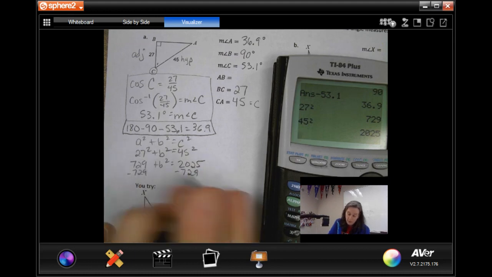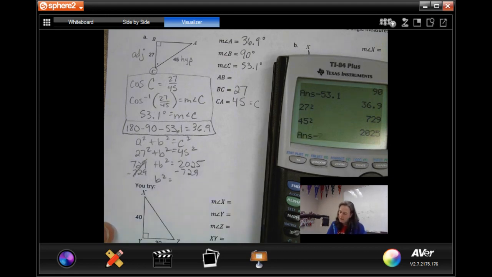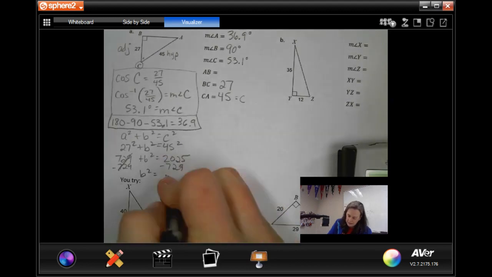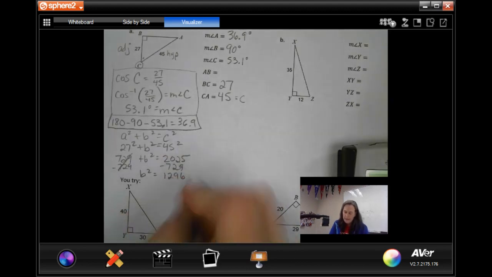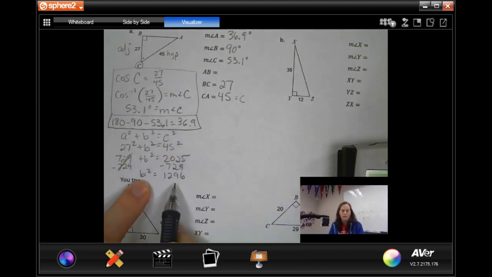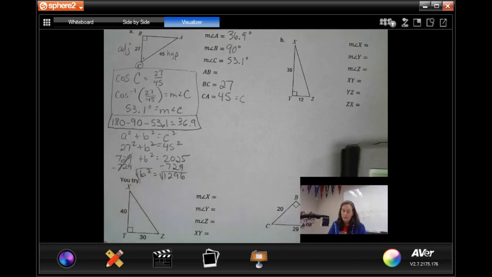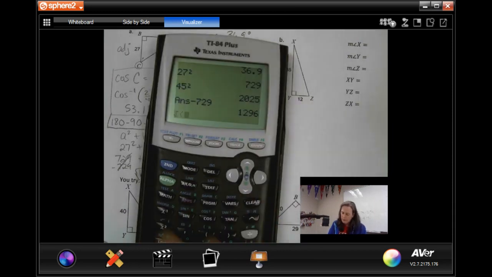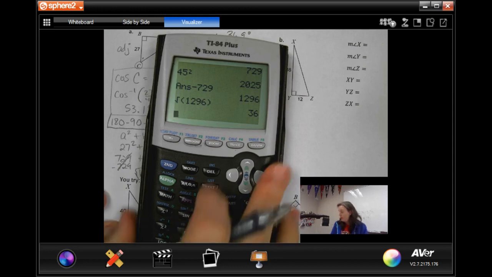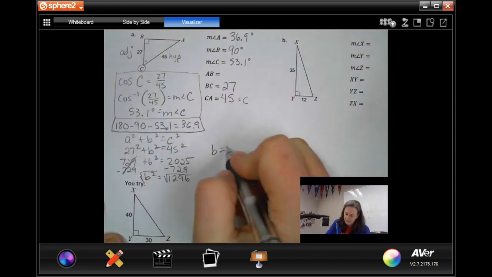We're trying to solve for b, right? B squared is 1,296. Okay, so b squared is 1,296, but I just want plain old b. Take the square root of both sides. Square root of 1,296, and oh, it's a nice whole number, 36.